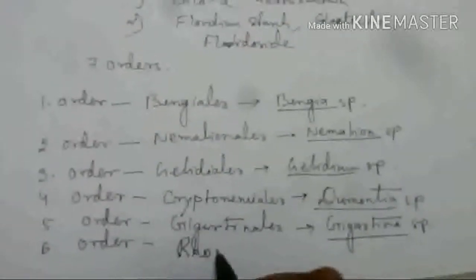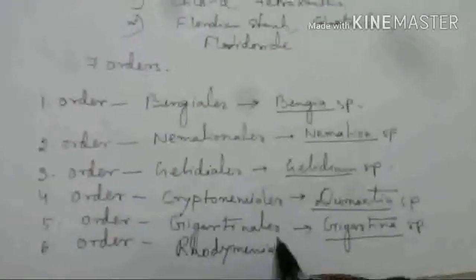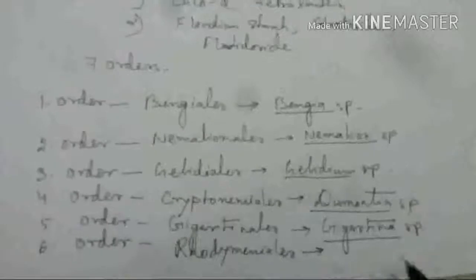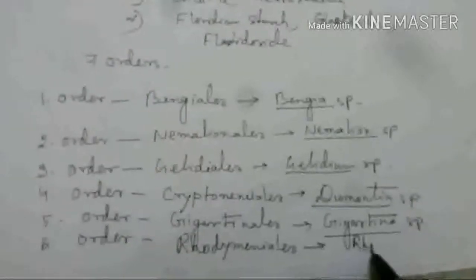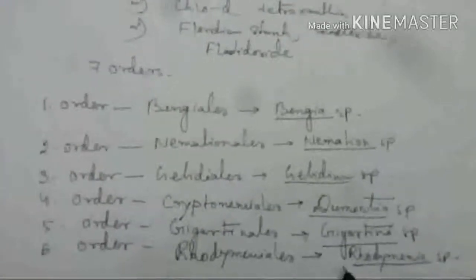Now the sixth order is Rhodymeniales, and an example of this order is Rhodymenia algae.